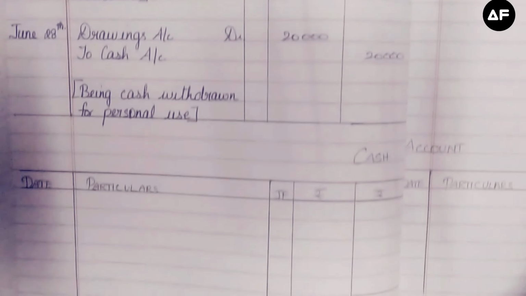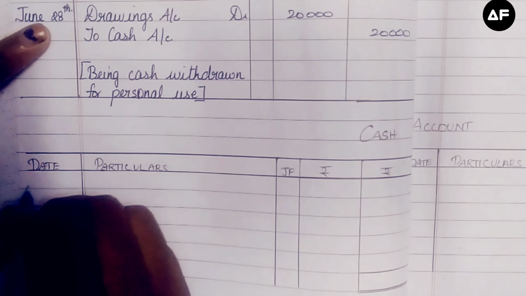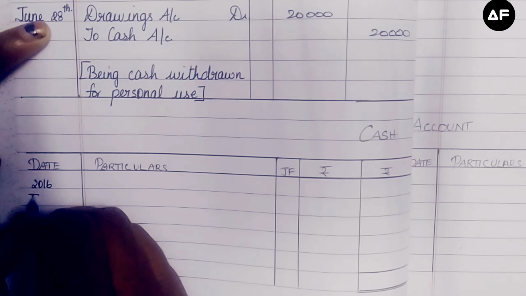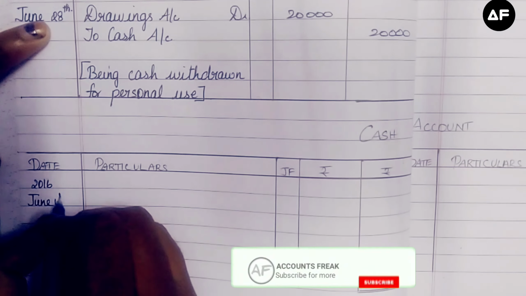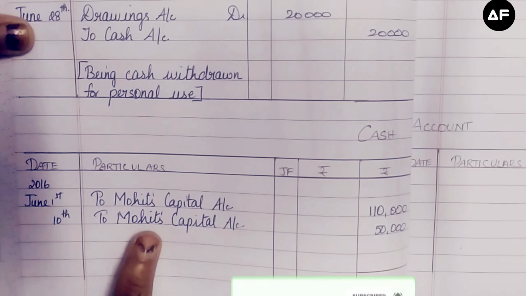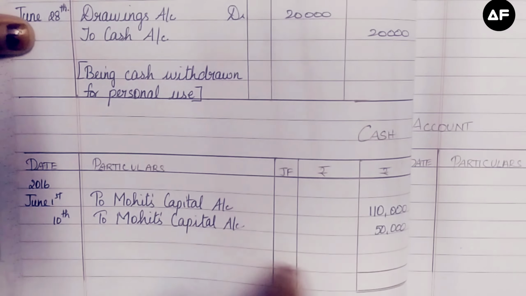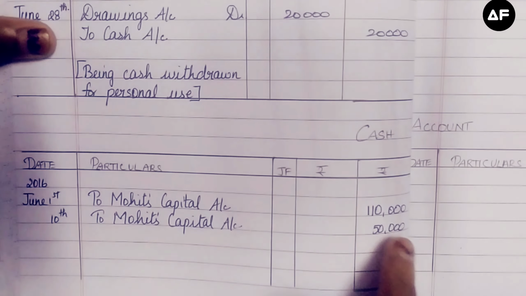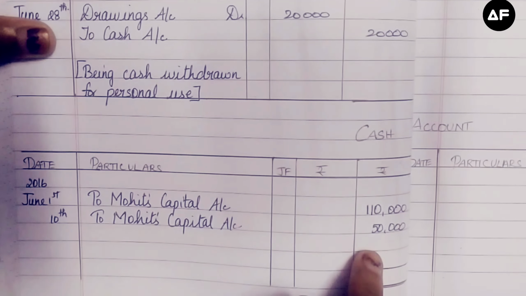I'm going to go to the debit side of the cash account and write the date 2016 June 1st. Both the first transaction, and the one on the 10th which records the same, are posted into the ledger with their respective amounts as 1,10,000 and 50,000.